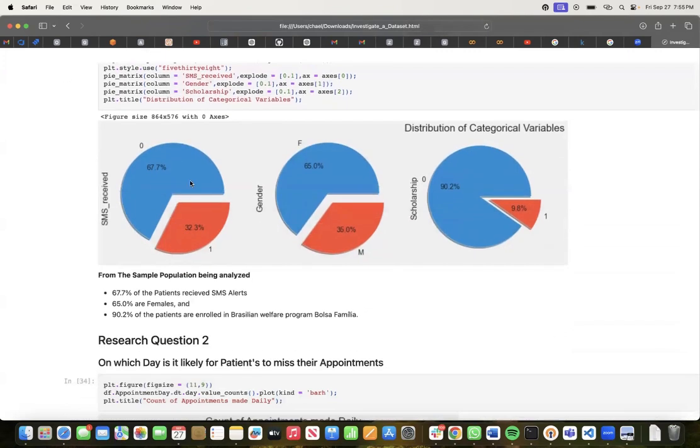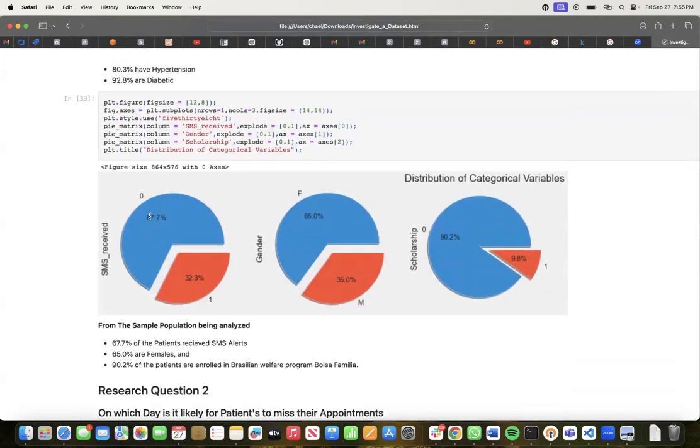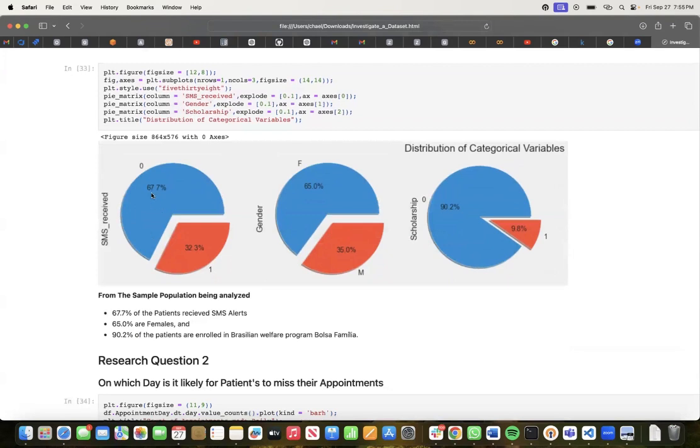If you go to SMS received and the others, we also understand that 67.7% of the people received SMS, indicating that they have an appointment to attend, but 32.3% did not receive an SMS. Okay, now we also have 90.2% of the data sample indicating that there are people on scholarship. Interesting. And then 9.8% are not on scholarship.